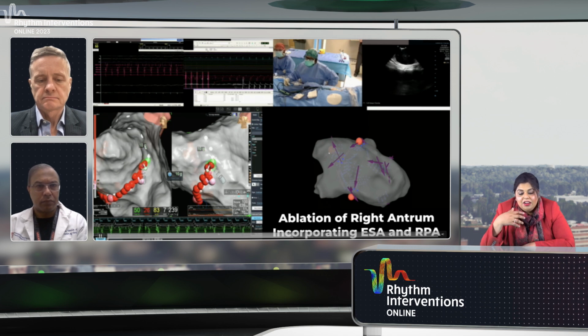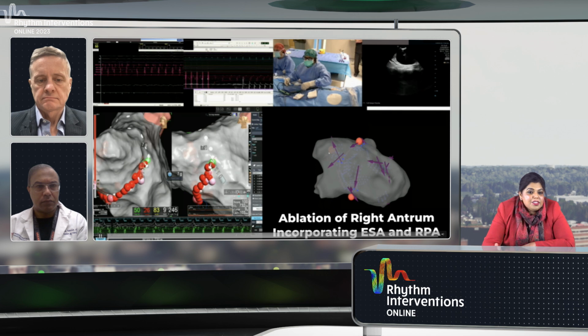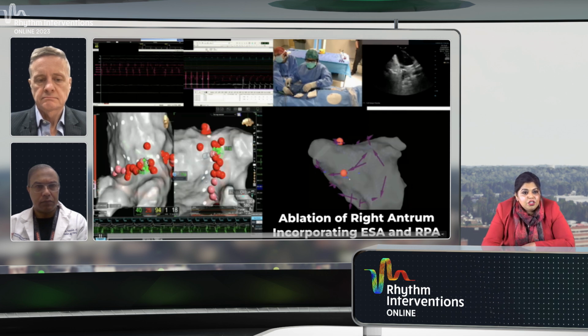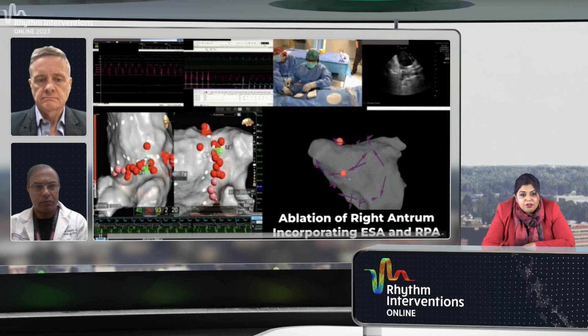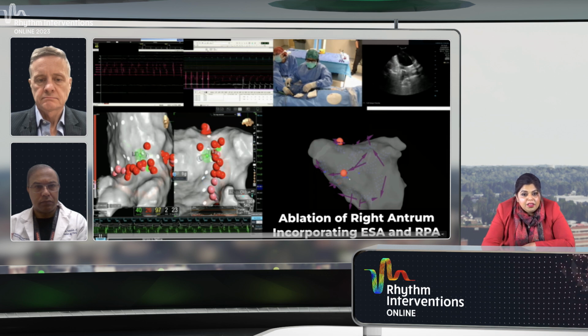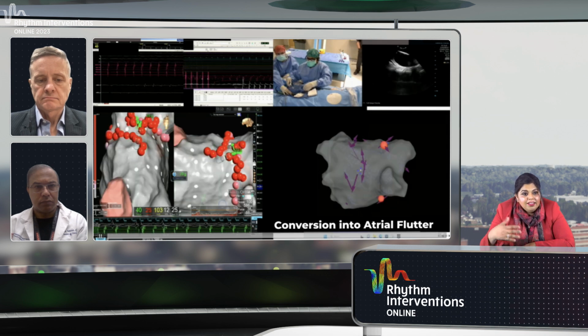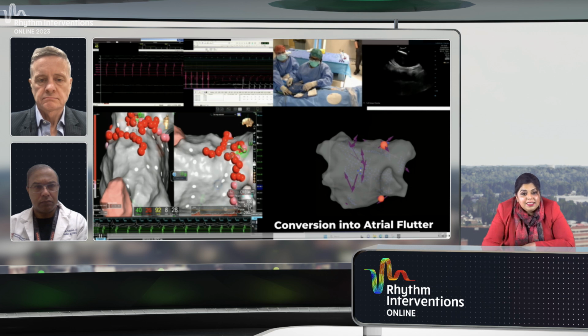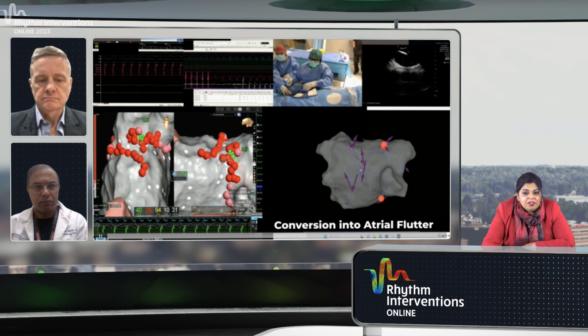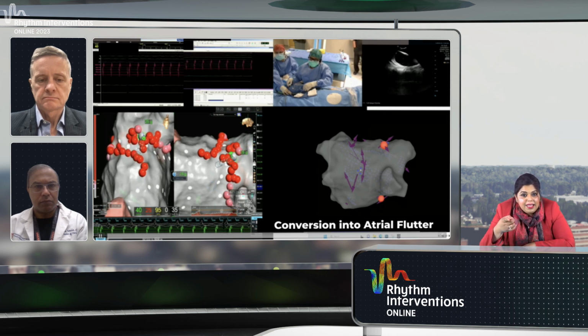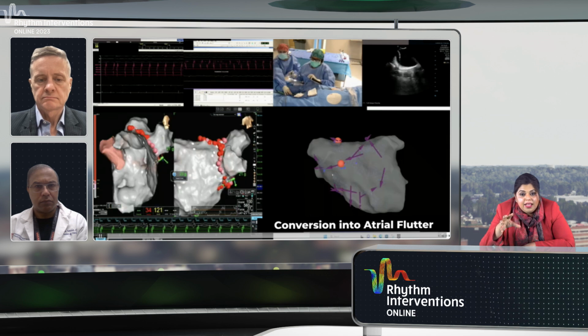And if you do decide on the antrum, how do you decide your antrum? So to me, this applies even for a PVI alone strategy. I know this was a redo case, but I would think there's some value in assessing where that PVI may need to be. Any thoughts on that?